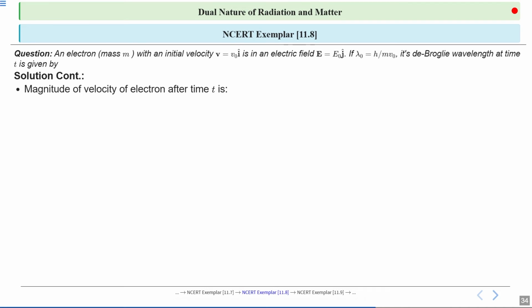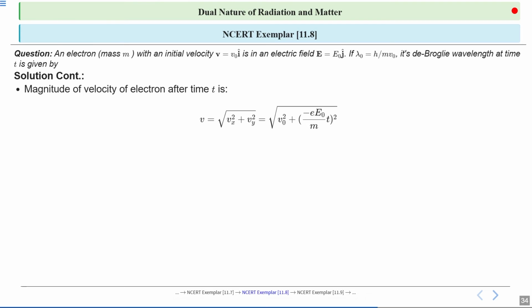So let's find the magnitude of the electron's velocity after time t. The velocity will have both x and y components as time passes. After time t, we will find the resultant velocity from its components. The x component after time t will remain v naught, and the y component after time t becomes minus e E naught t upon m.